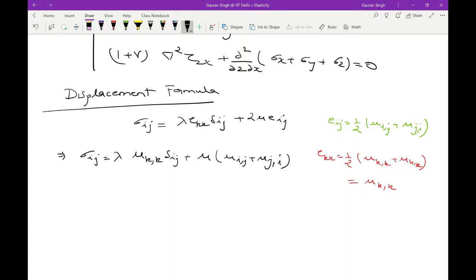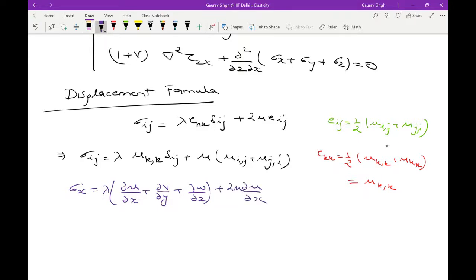Let me just write a couple of them, though they are not directly relevant here. So sigma x would be equal to lambda into dou u by dou x plus dou v by dou y plus dou w by dou z, plus 2 mu dou u by dou x.